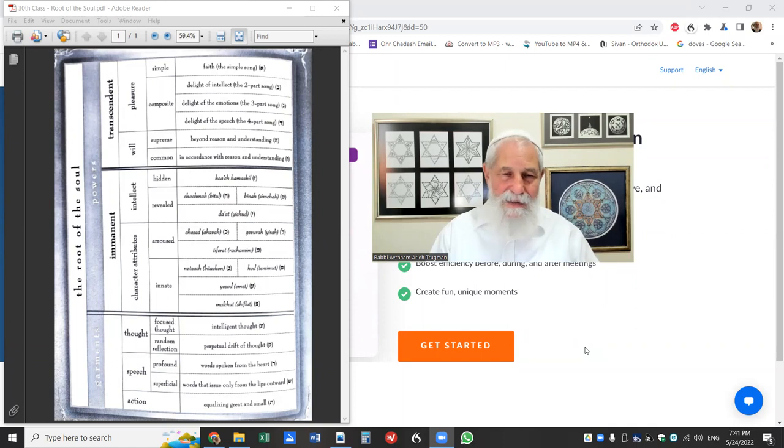Let's say we're in a class, and even though all of us have 100 things in mind, during the class we're focused. Hopefully, when we're praying, we're focused. We're meditating. But actually, that's why we have a second type of thought. We know how hard it is in Torah learning, in meditation, and in prayer to actually keep our focus. So there's a second type of thought, which is like a flow of thoughts.